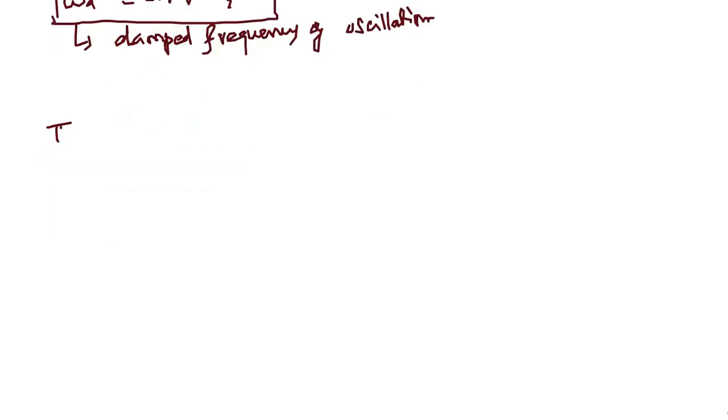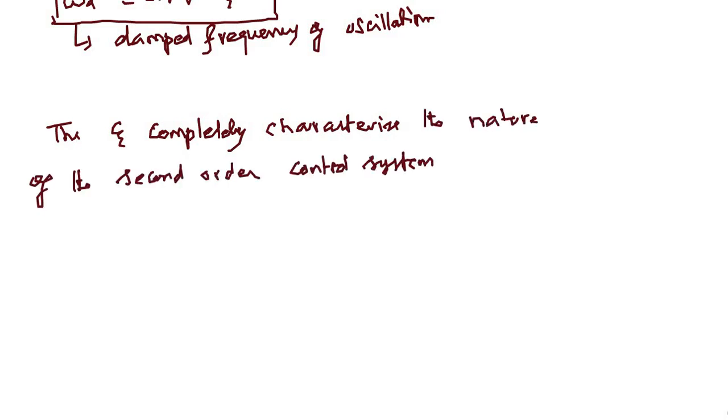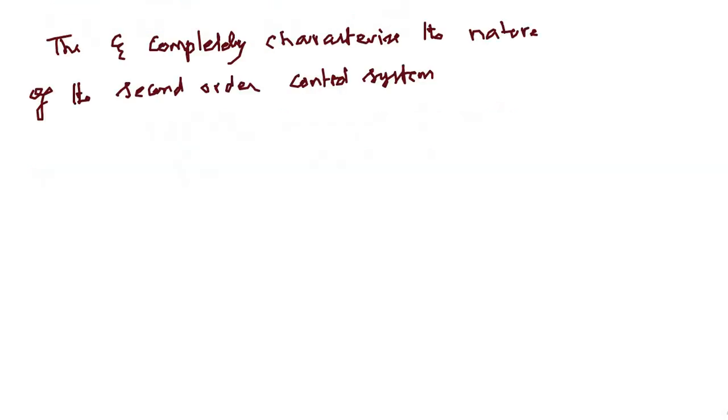The damping ratio zeta completely characterizes the nature of the second order control system. So based on that, we'll have classifications.